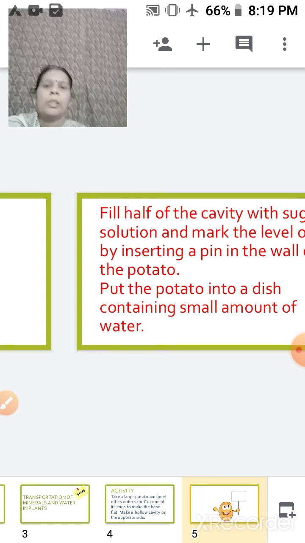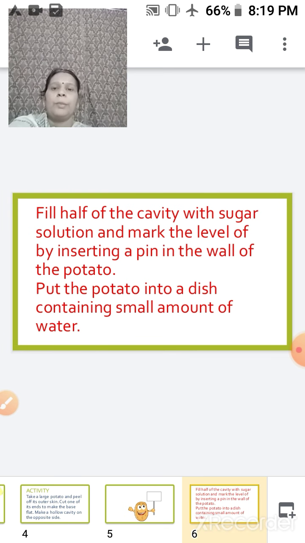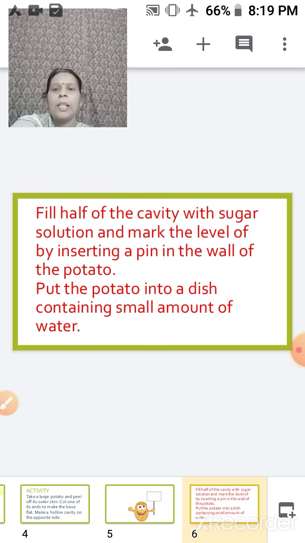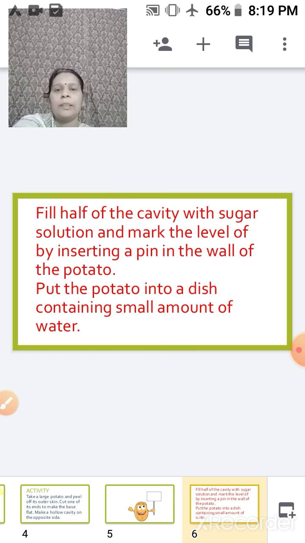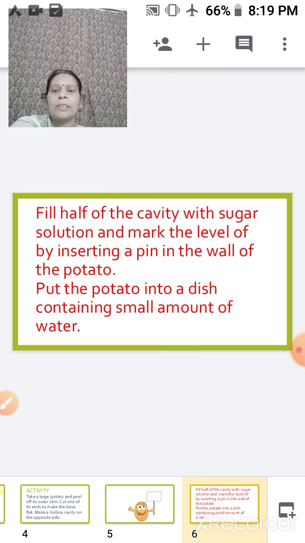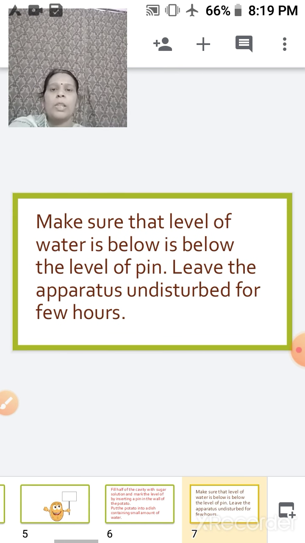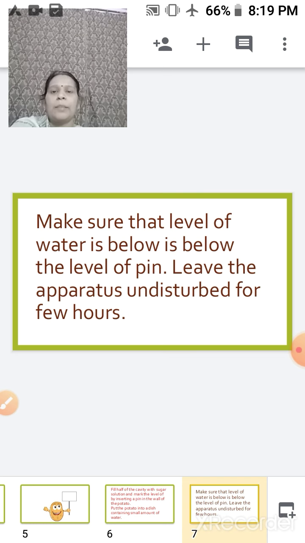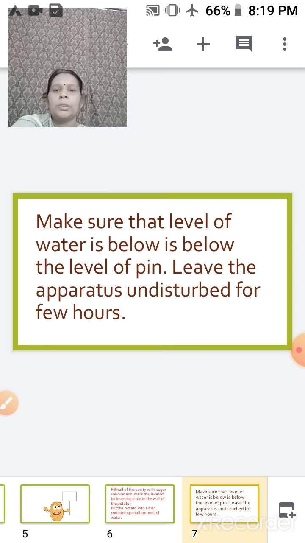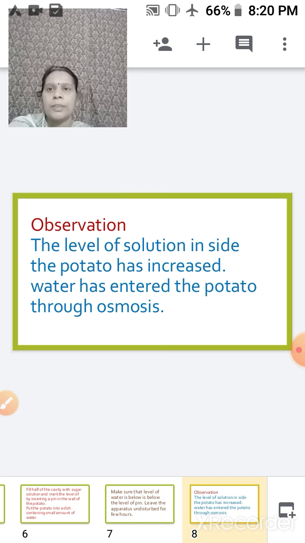Here, when we cut it, we will fill it up with the sugar solution, and we will mark the level by inserting a pin in the wall of the potato. Put this potato into a dish containing some amount of water. Make sure that the level of water is below the level of the pin. So leave the apparatus undisturbed for a few hours.